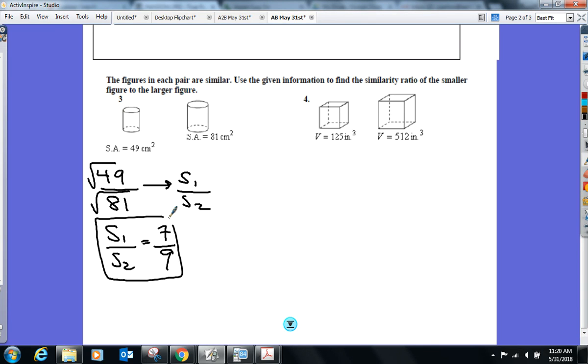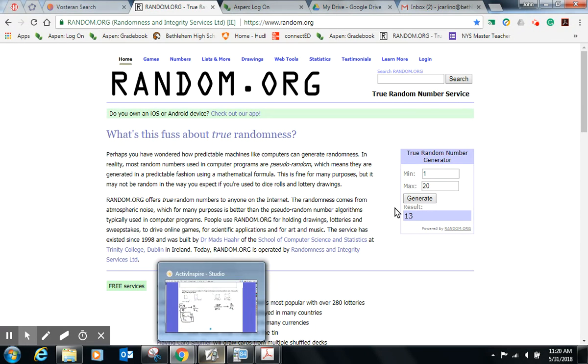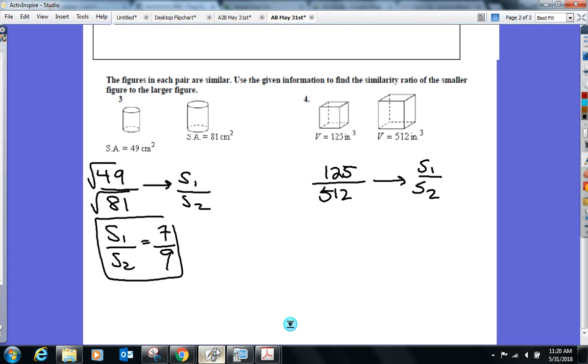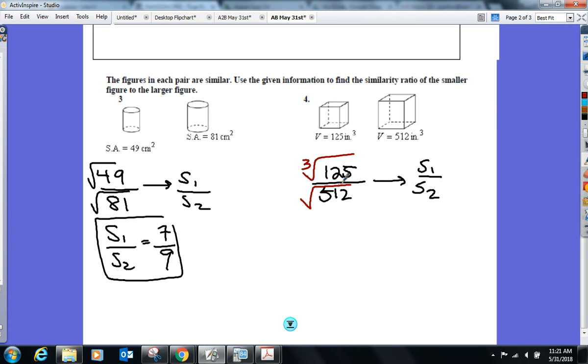Ooh, volume now. But I need to know the volume. 125 to 512 is the volume ratio. But I'm looking for, again, what's the ratio of the sides? The similarity ratio. Suggestions, what I can do with the 125? Cube root. Do we remember that day doing spheres? Yes. When we took the cube root?